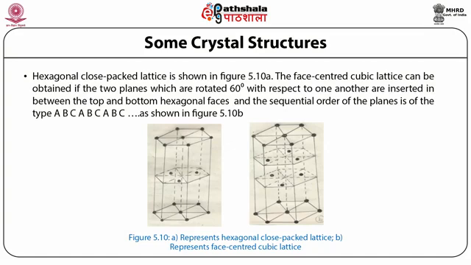The face-centered cubic lattice can be obtained if the two planes, which are rotated 60 degrees with respect to one another, are inserted in between the top and bottom hexagonal faces, and the sequential order of the planes is of the type A, B, C, A, B, C, A, B, C, etc., as shown in figure 5.10b.